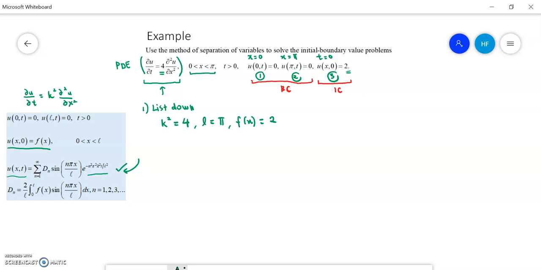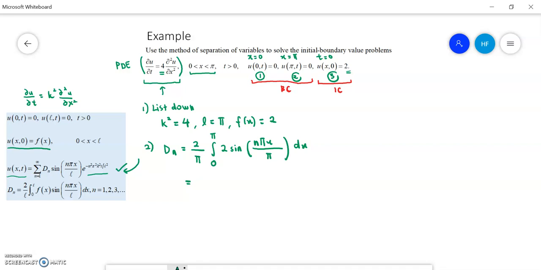Okay, now we have all this, then we can substitute into the Fourier sine coefficient, where T_n is equal to 2 over L, where L is equal to pi, multiplied by the integration from 0 up to L, which is pi, of f(x) equal to 2 times sine n pi x over L, which is pi, dx.